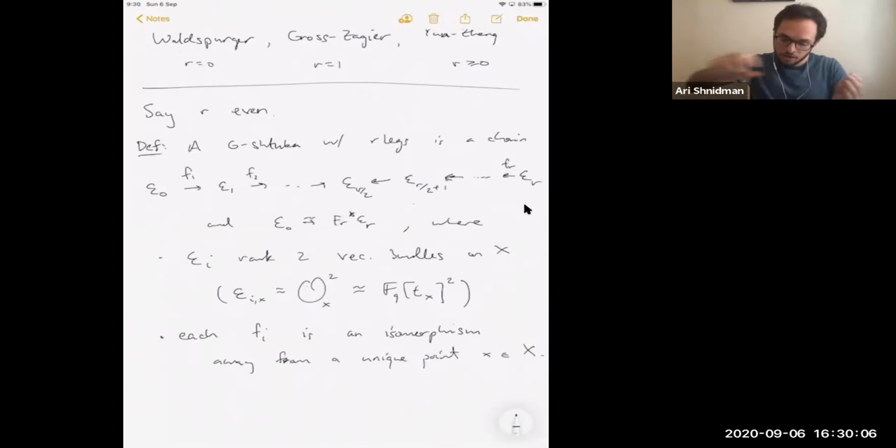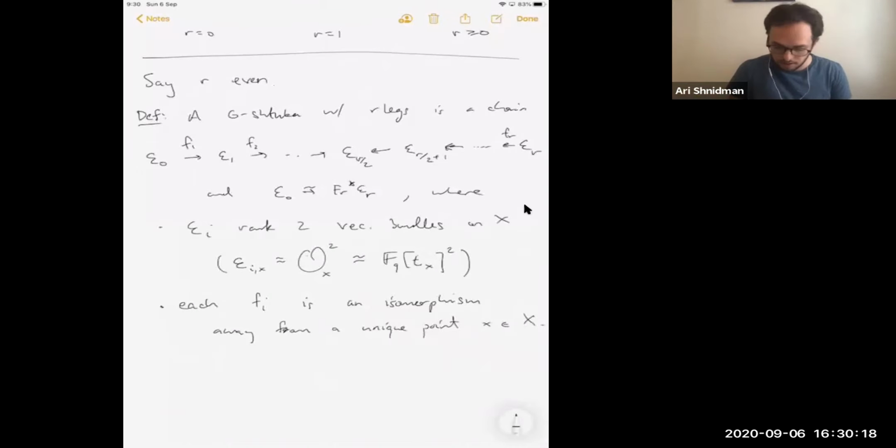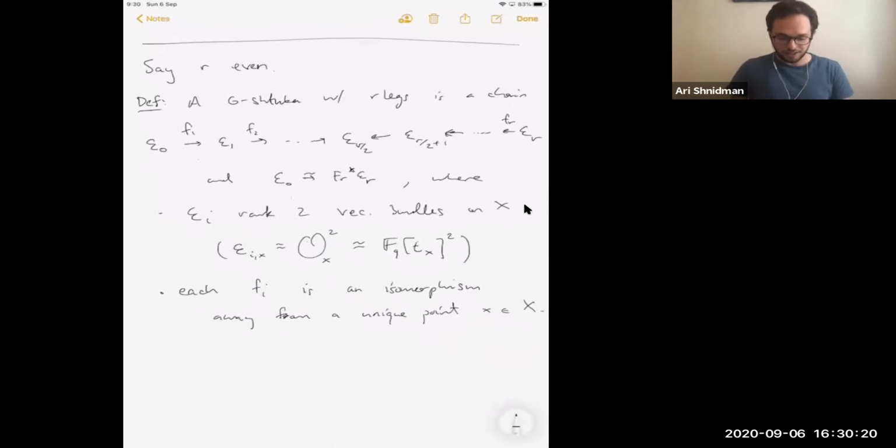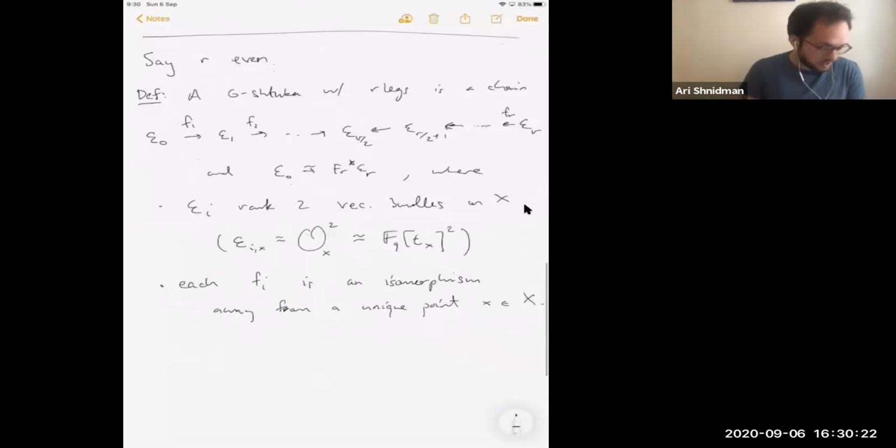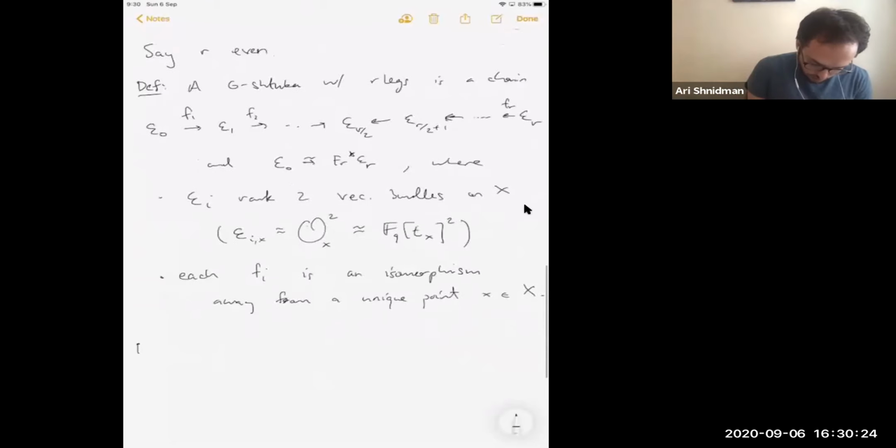It's just a kind of a chain of modifications of vector bundles together with an isomorphism, essentially identifying the first with the last, except only identifying up to a Frobenius twist. It's some kind of strange object if you've never seen it before, but it turns out this is, for arithmetic purposes or representation purposes, an important definition.